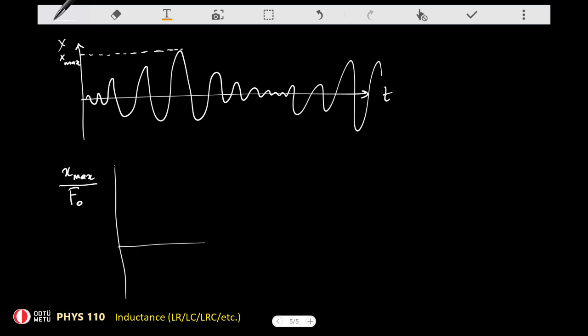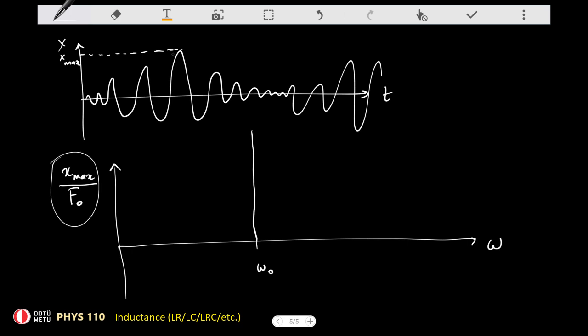So what we are saying in here is that if I plot this quantity, for example, as a function of frequency, there is this natural frequency in here. What happens is that at the resonance frequency, this is infinite if there is no friction. So at the resonance there is no maximum point in here.